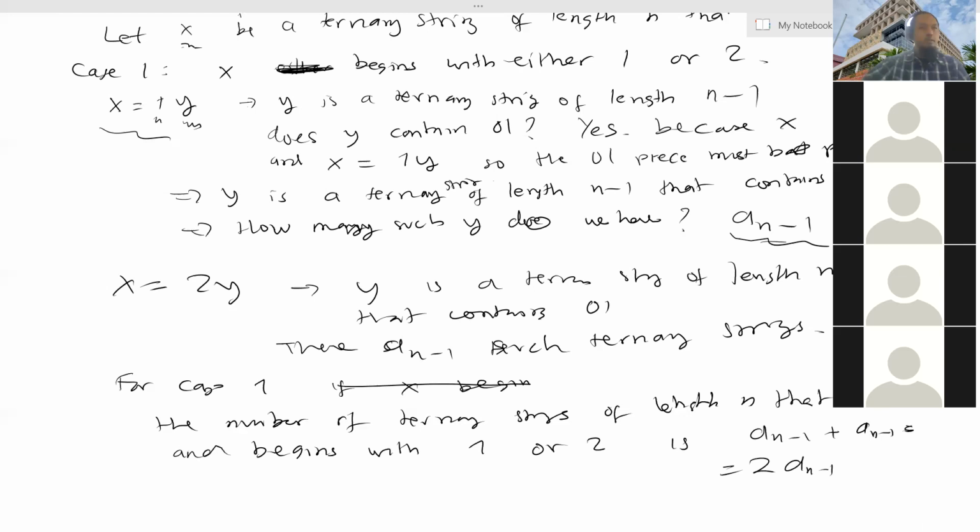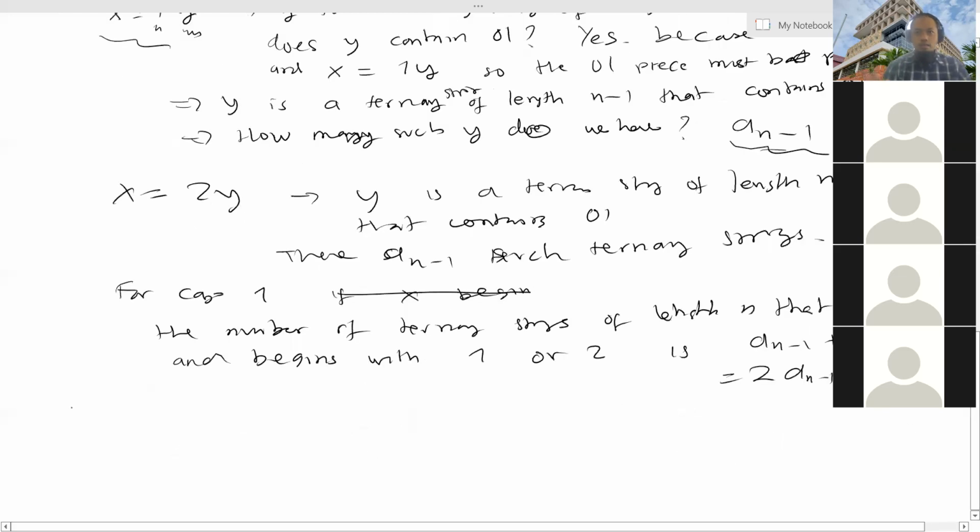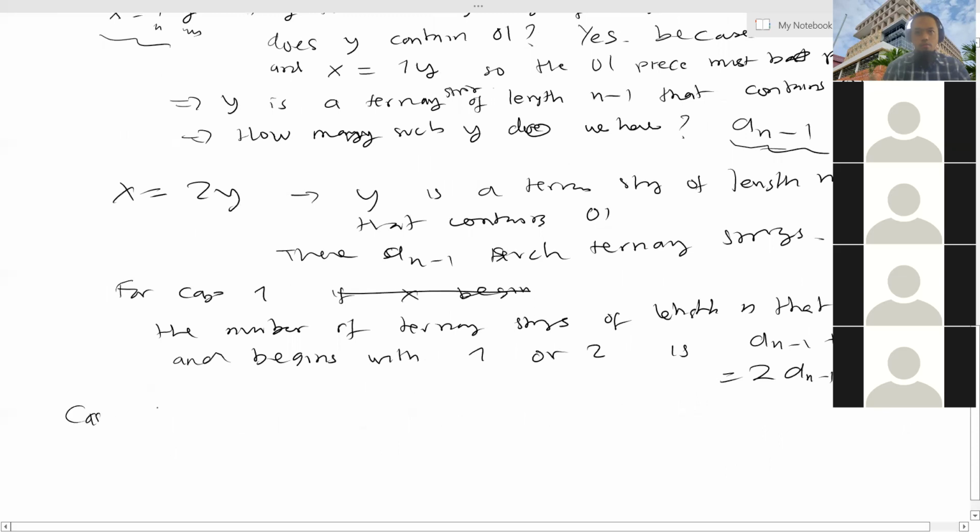What about the next case? The second case is case 2: X is a ternary string of length n that begins with 0. So X must be 0y.